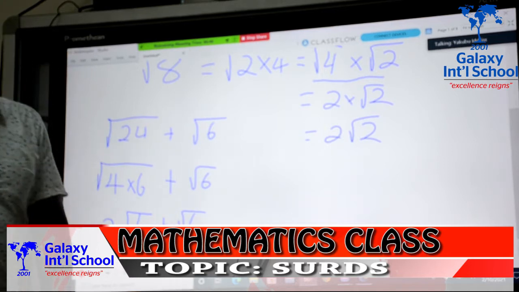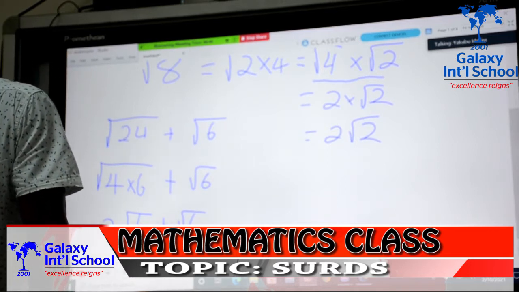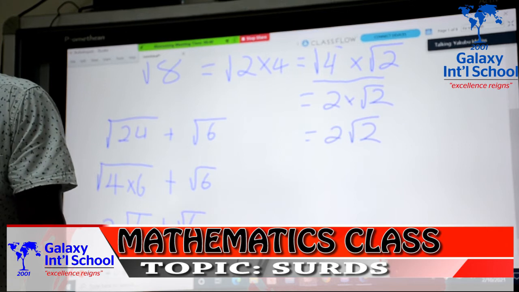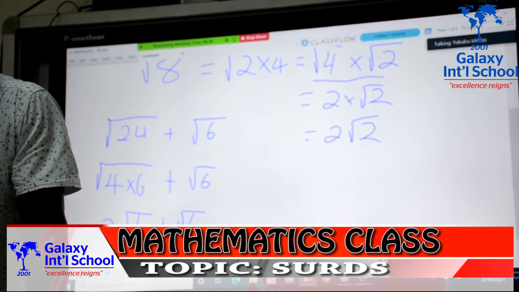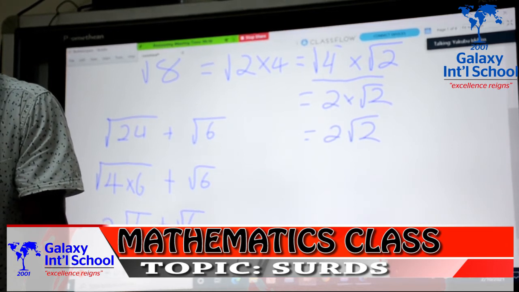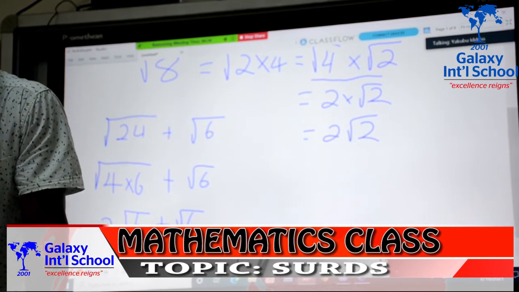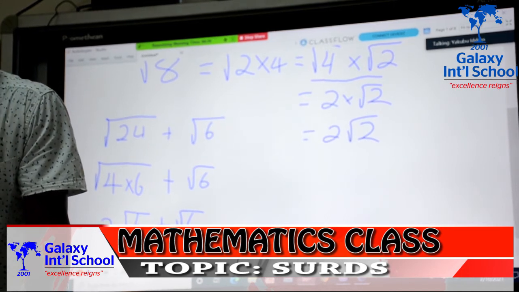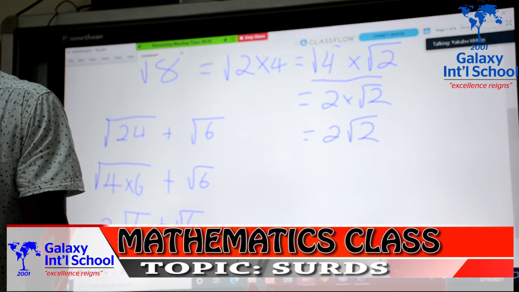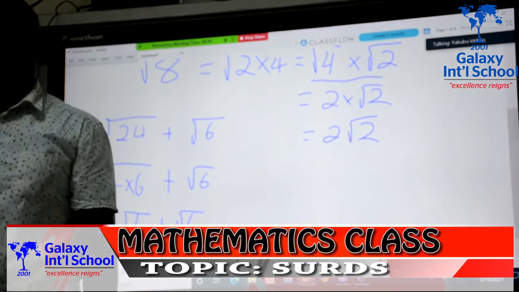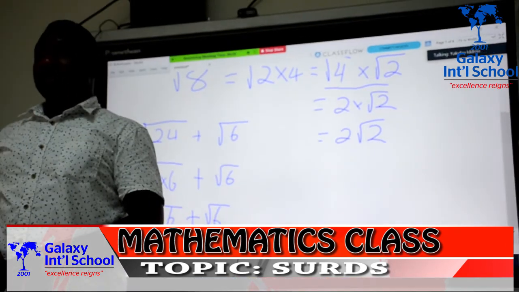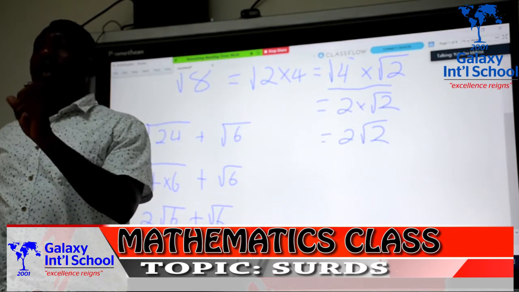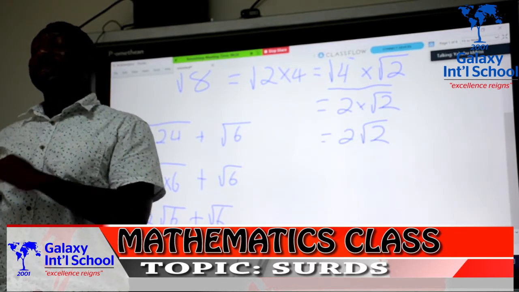And we know that we can only add or subtract surds when the numbers in the square root are the same. If they are not the same, you can't add or subtract them. With multiplication, it doesn't work that way.